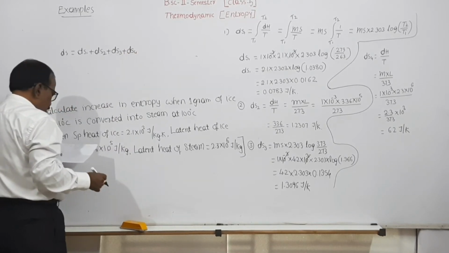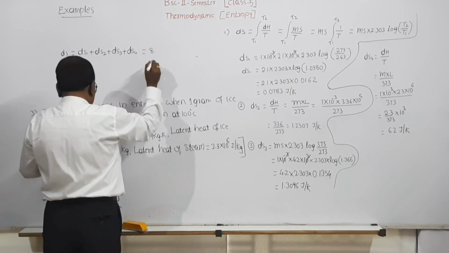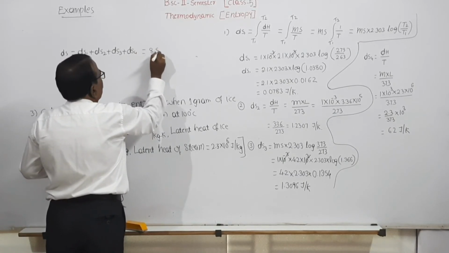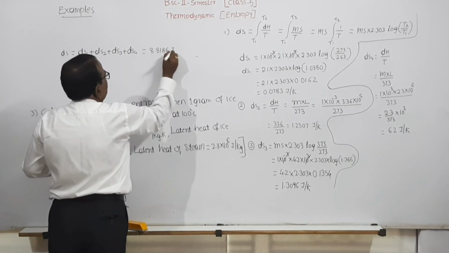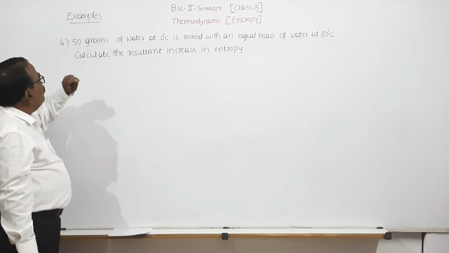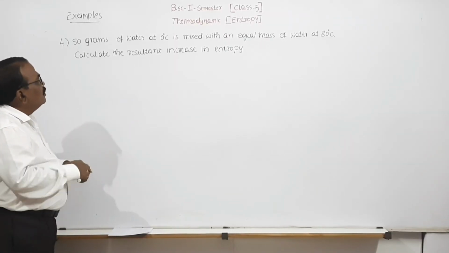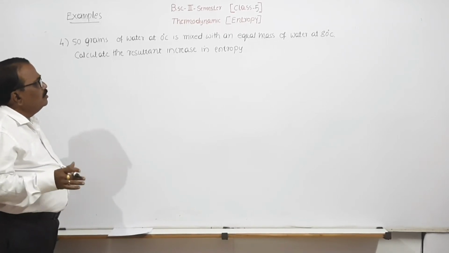If you add all these, you are going to get this as 8.8186 joules per Kelvin.